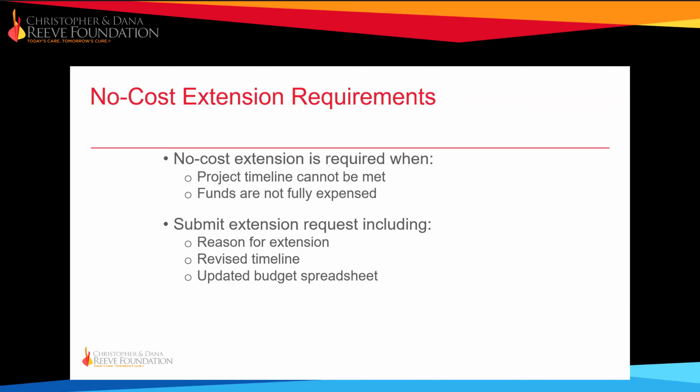An extension may be requested on its own, paired with a budget revision, or combined with a change in scope. The standard no-cost extension period is 3 months. All extensions are reviewed and approved on a case-by-case basis.